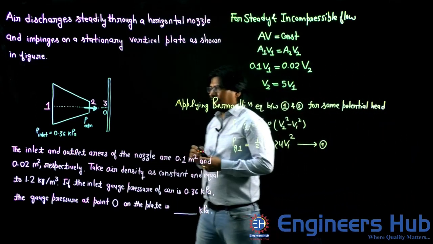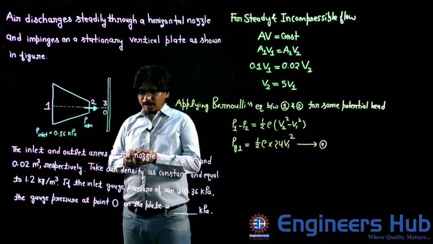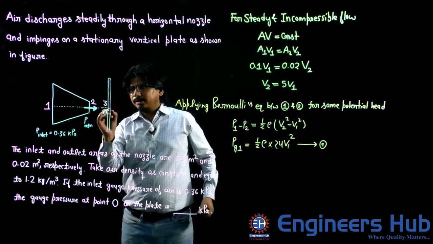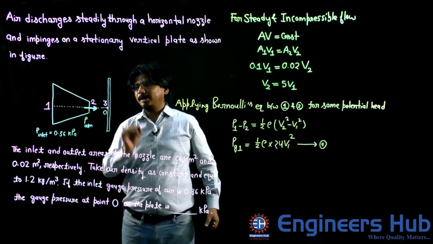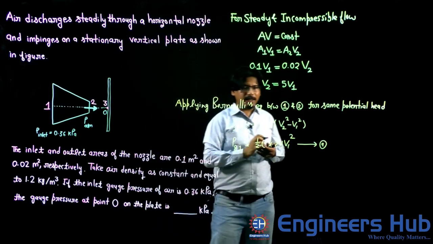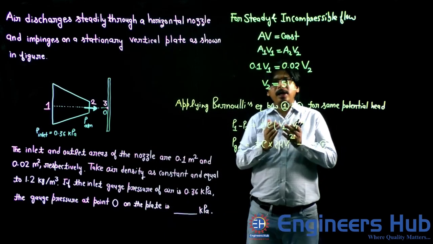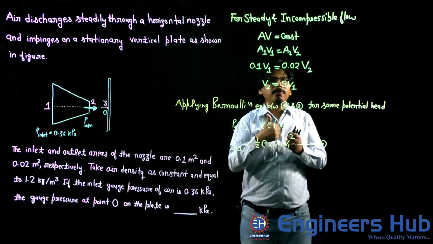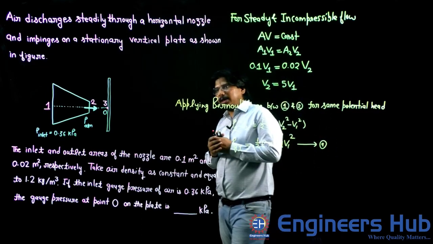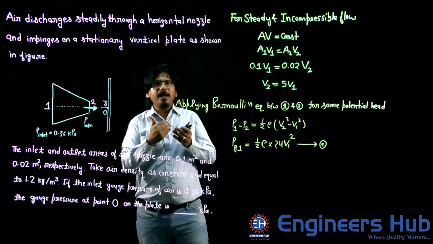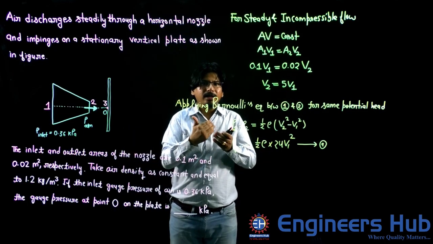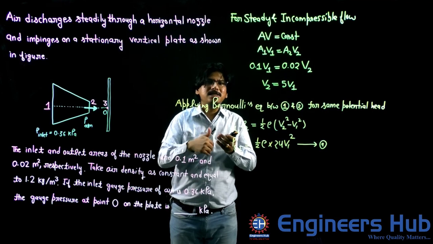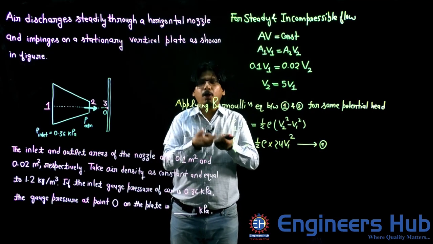Now look here, my friends. Let us focus on point number 3. At point number 3, the velocity of air will be 0, and I am assuming the air is retarding to 0 velocity isentropically.